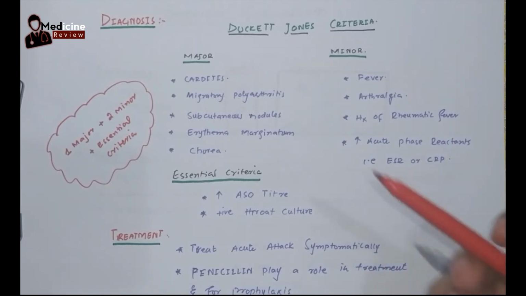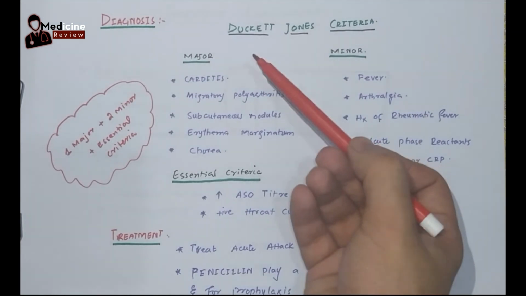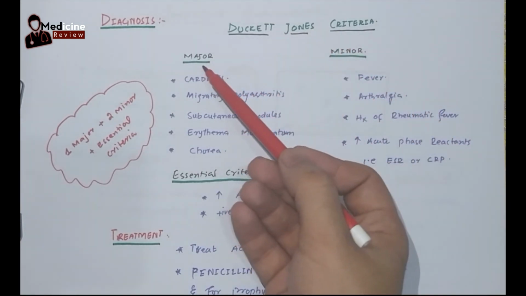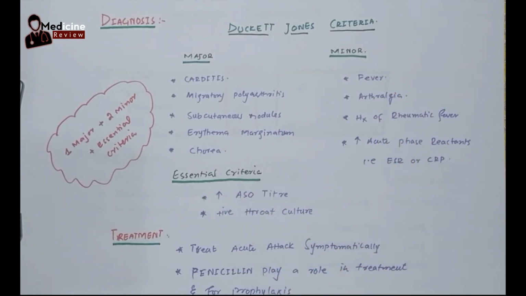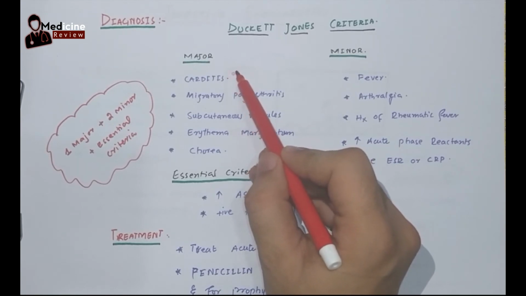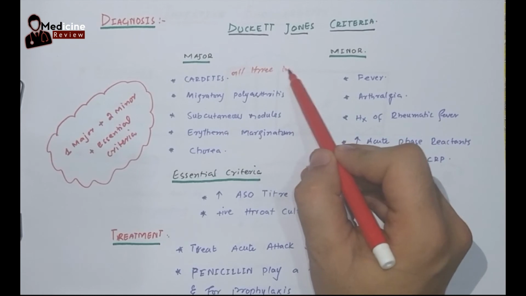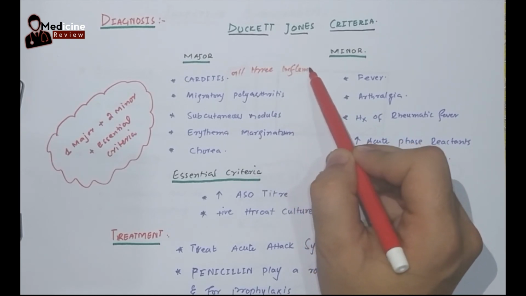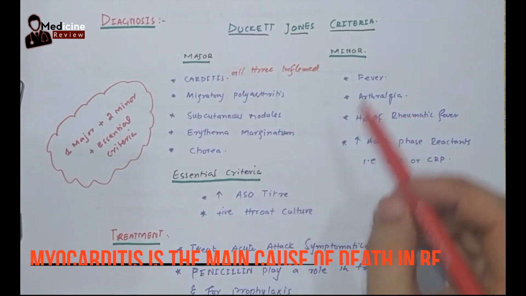Now, as we have discussed the clinical features and the pathogenesis, how will we diagnose acute rheumatic fever? For that, we have one criteria which is called the Jones criteria. The Jones criteria consist of major criteria, minor criteria and essential criteria. In major, there will be pancarditis, where all three layers will be inflamed. Let me tell you another important point.